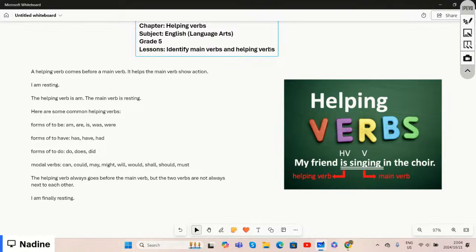Once we've written grade 5, we're going to select the lesson that we are going to be focusing on under the chapter of helping verbs.